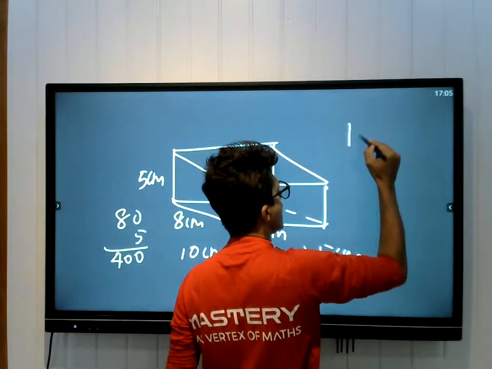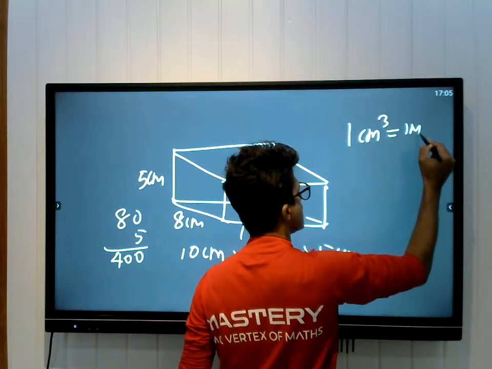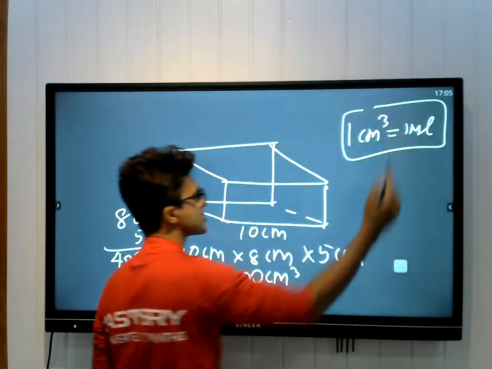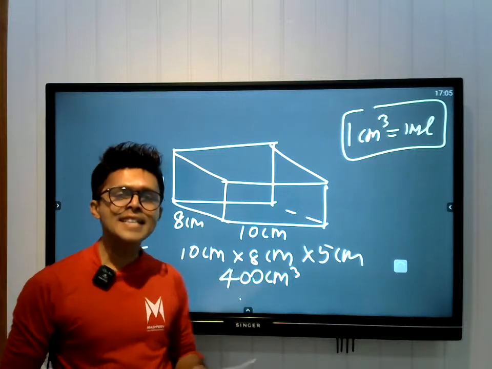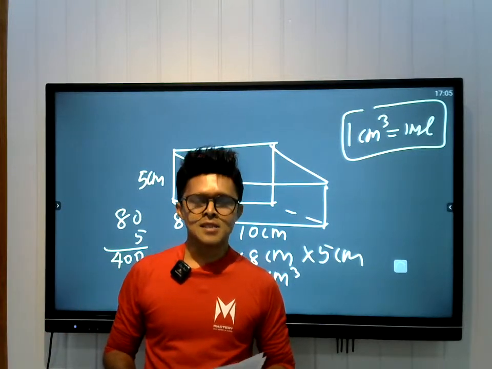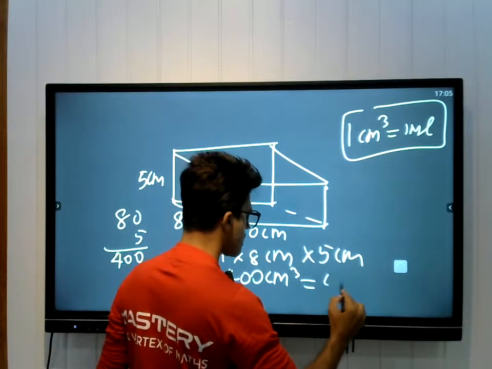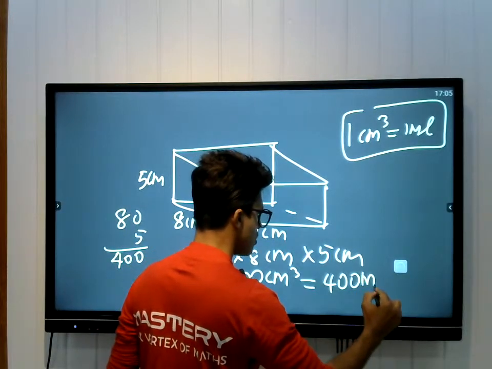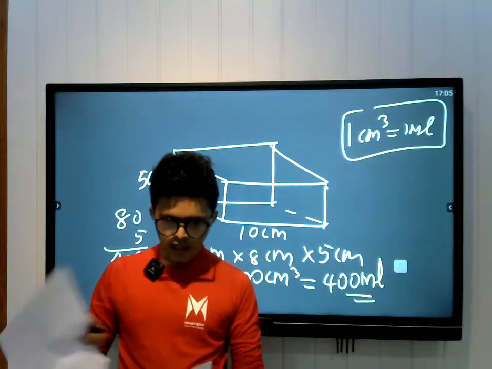But we need to get the answer in milliliters, and you know the relation that 1 cubic centimeter equals 1 milliliter. Therefore 400 cubic centimeters equals 400 milliliters. This is the answer.